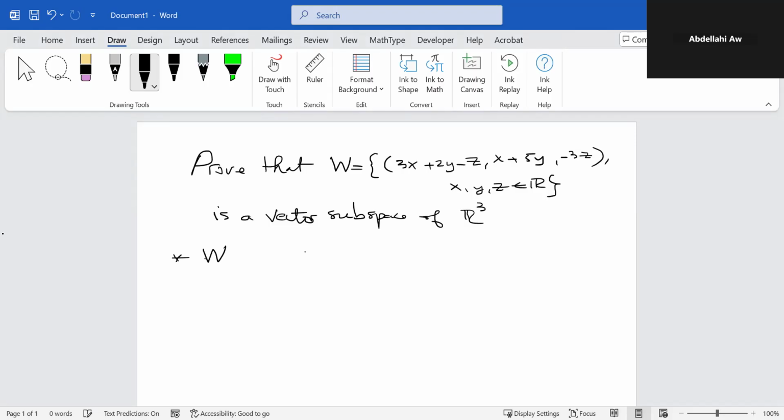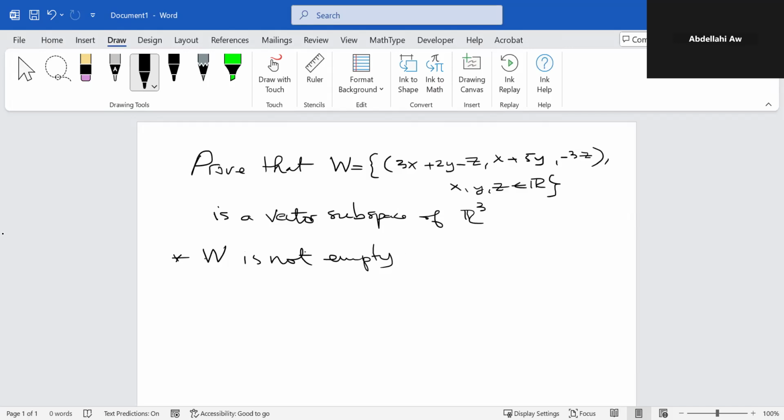First, W is not empty. The best way to prove a vector subspace is not empty is to prove that actually the null vector is in W, because you cannot be a vector space or vector subspace if you don't contain the null vector. The null vector has to be in there.